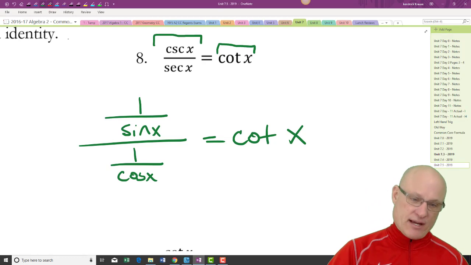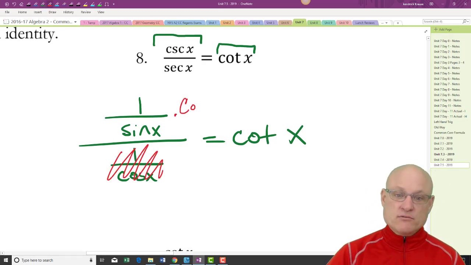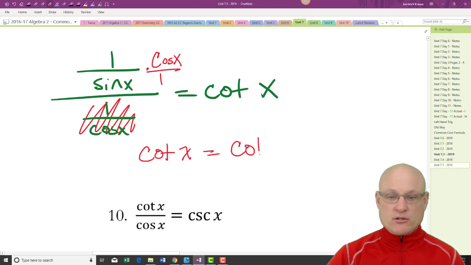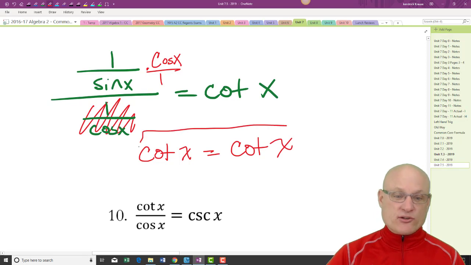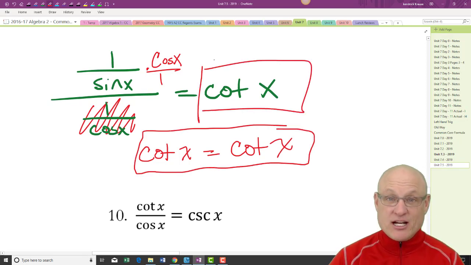All right, so how do we divide by a fraction? We multiply by the reciprocal. So what I have here is cosine x over sine x, but isn't that cotangent x equals cotangent x? Now, the reason these are so easy is because you know what you got to end up with. That's what you got to end up with.